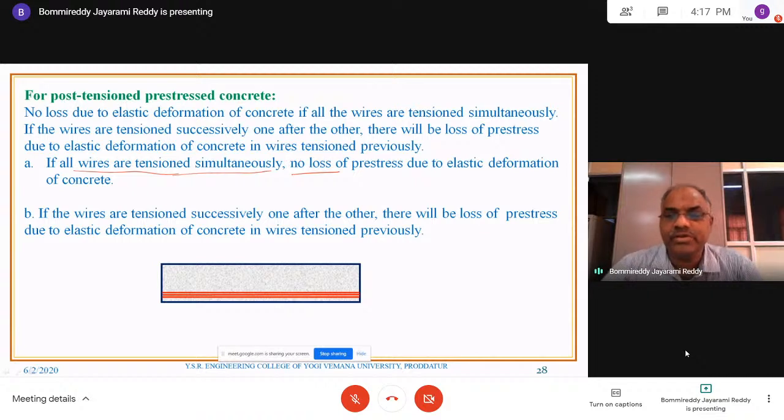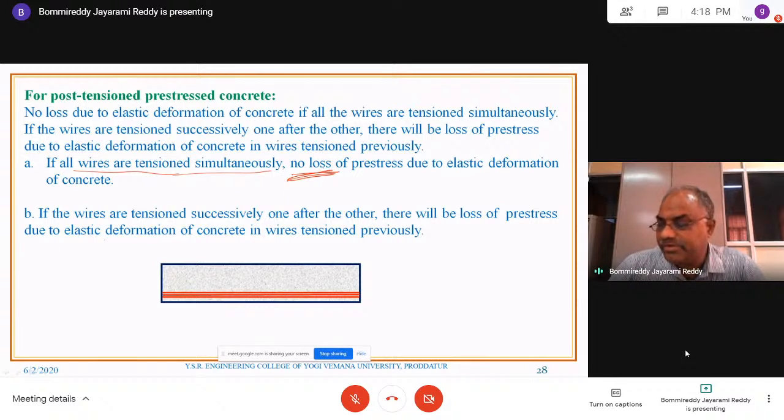If you want, you can calculate with so many values that also appear as options, but the answer is no loss. If all wires are tensioned at a time simultaneously, no loss.